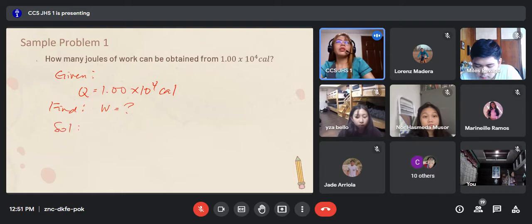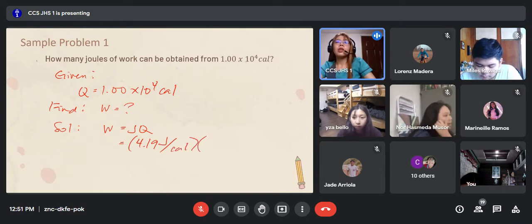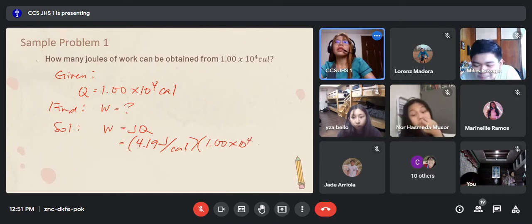So for the solution, you just use W is equal to J times Q. J is constant, 4.19 joule per cal. And then our Q is 1.00 times 10 to the power of 4 cal.